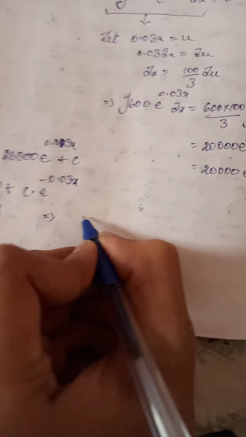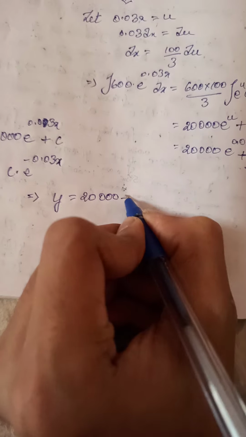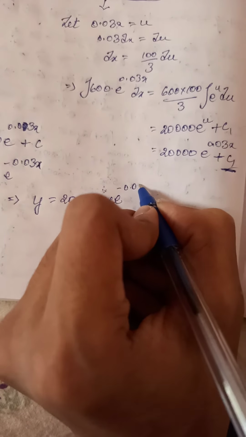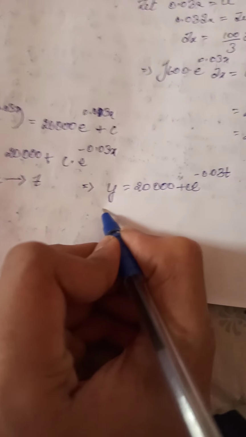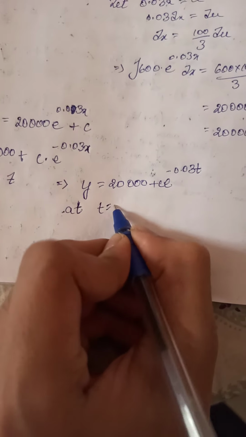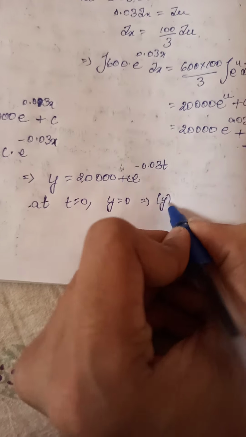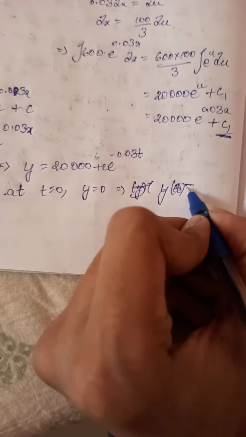So y equals 20,000 plus c into e power minus 0.03 into t, and we know the initial condition: at t equals 0, y equals 0, which is basically y of 0 equals 0.